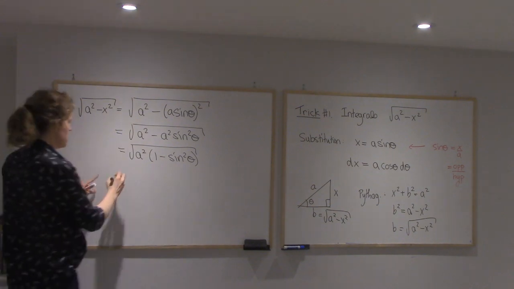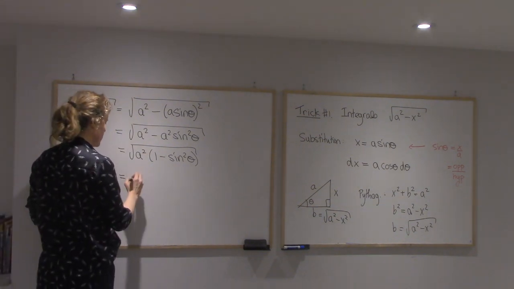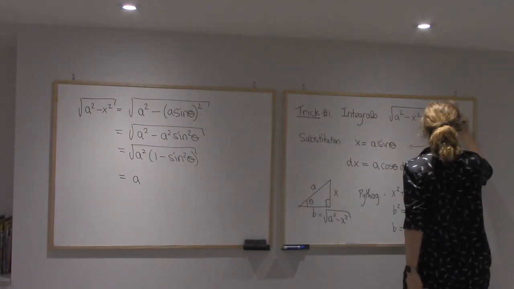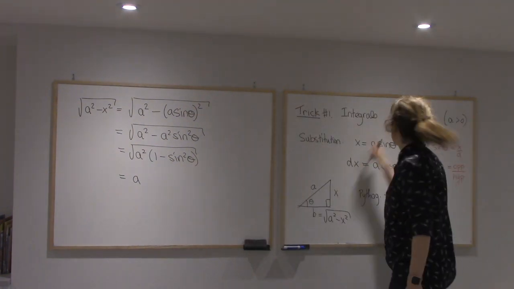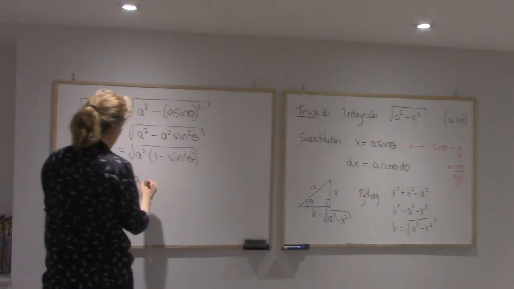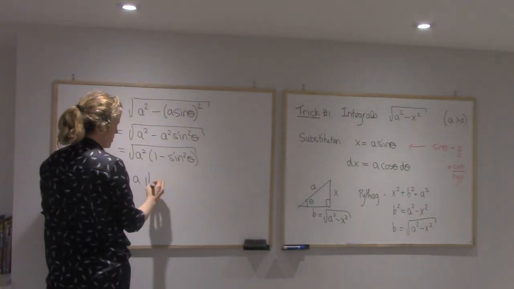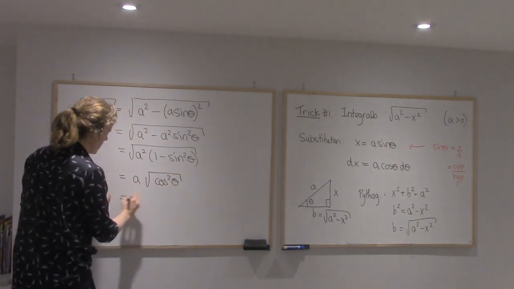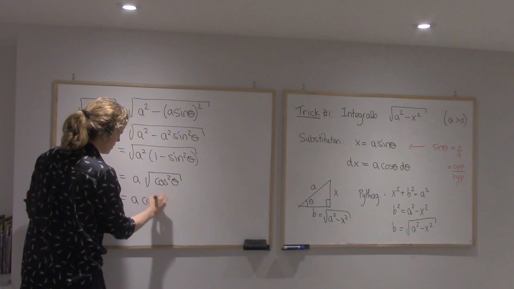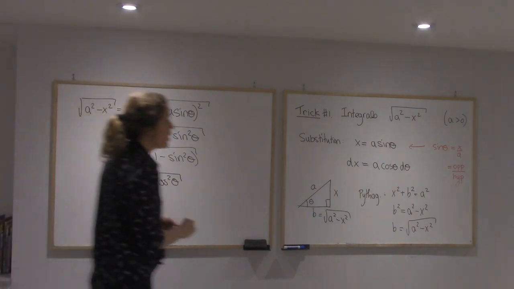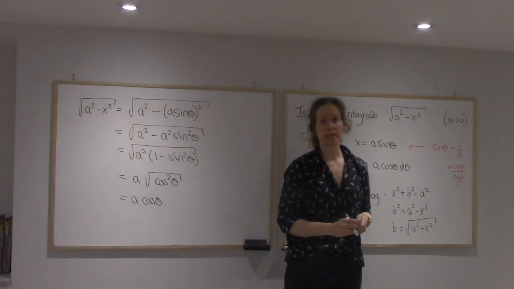This is cosine squared. This is going to give us, let's say a is positive, you can always take the positive root of that number, so that works. So a square root 1 minus sine squared is cosine squared. And so I get a cosine theta. Alright, so that's going to be part of the trick. Part of the trick is that this square root is a cos theta.